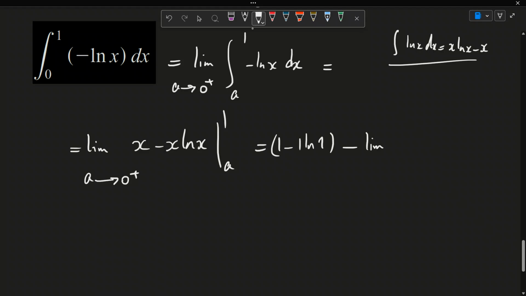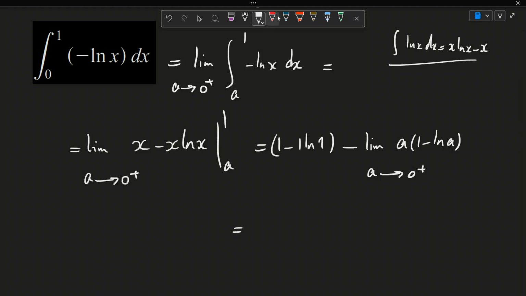The limit, when I substitute a here, it is a times 1 minus ln a when a approaches 0 from the positive side. So when a approaches 0 from the positive side, ln a approaches minus infinity, and this a to the 0, 0 times infinity is an indeterminate form. We need to use L'Hospital's rule. So I can continue by one L'Hospital rule.